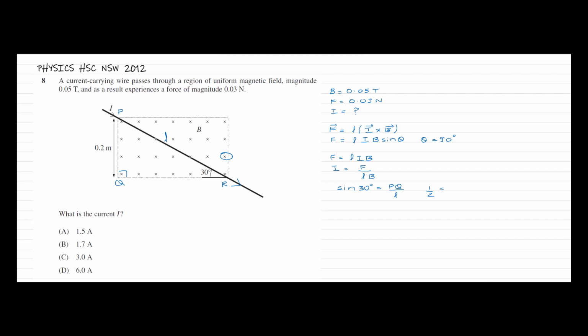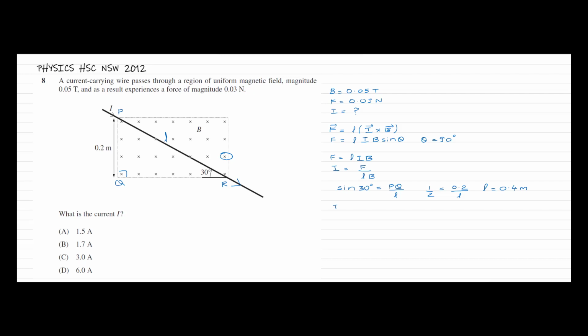That will be equal to PQ. That value is also given to you. That is 0.2 divided by L. So from here we get L is equal to 0.4 meters.